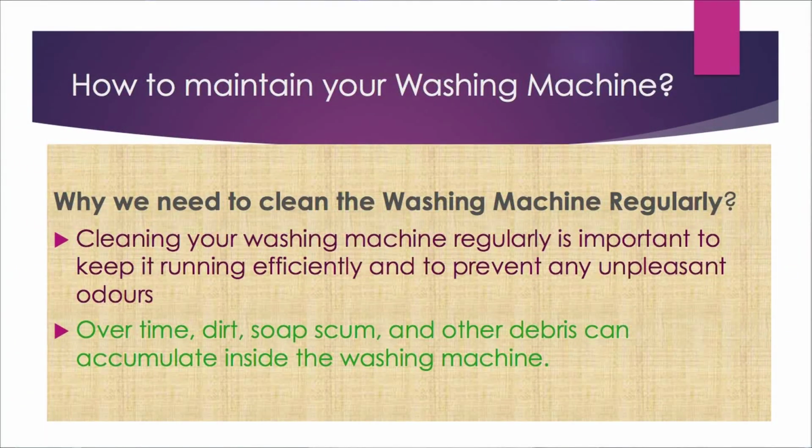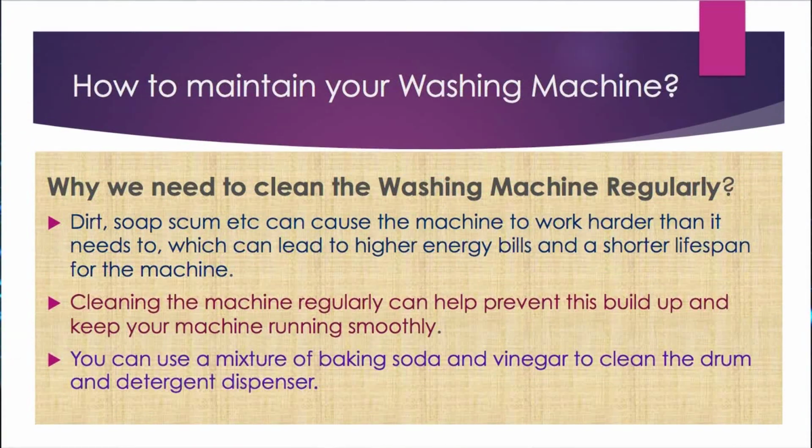First, regular cleaning. Cleaning your washing machine regularly is very important to keep it running efficiently and to prevent any unpleasant odors. Over time, dirty soap scum and other debris can accumulate inside the washing machine, and this can cause the machine to work harder than it needs to, and it can lead to higher energy bills and a shorter lifespan for the machine.